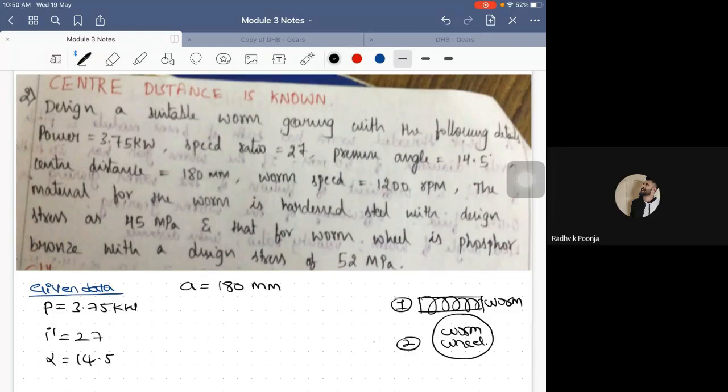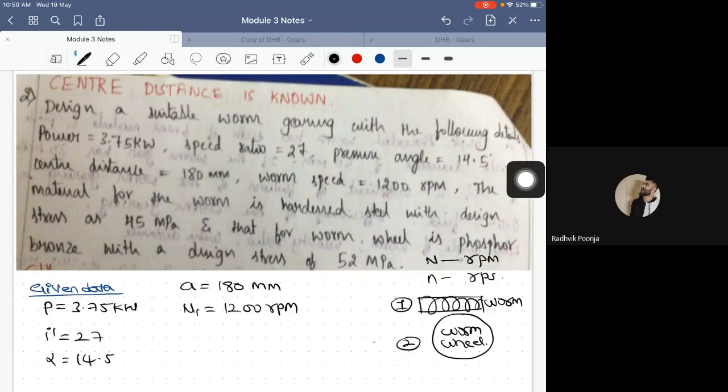So N1 he has given us how much? 1200 RPM. Okay, so capital N would be in RPM, as I discussed in the last classes also. Capital N is nothing but RPM, and small n is nothing but your RPS.